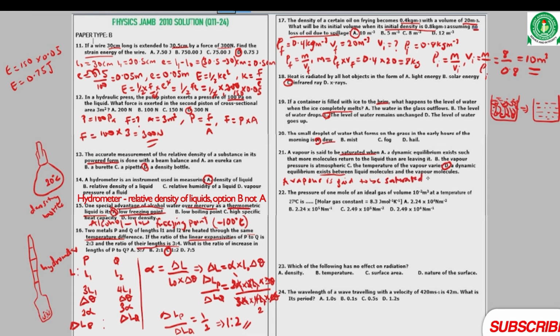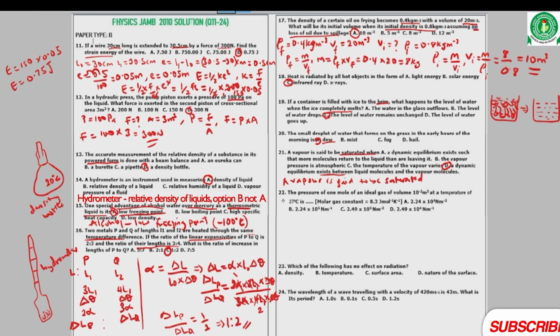A vapor is said to be saturated if it is in equilibrium with its own liquid. A vapor is said to be saturated when it is in dynamic equilibrium with its own liquid. So that's why it is option D. So that's option D for you.